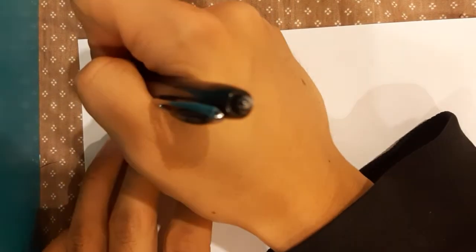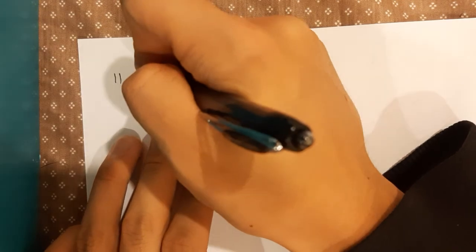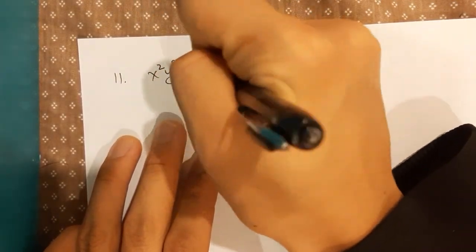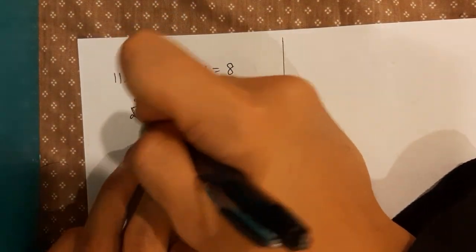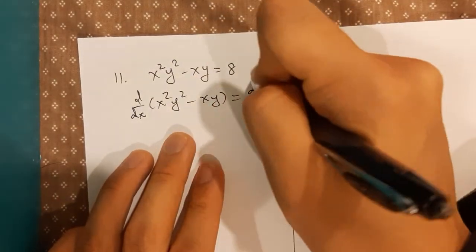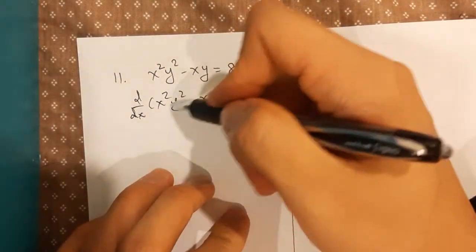So question 11. Find dy dx by implicit differentiation for the equation x squared y squared minus xy equals 8. So we need to get the derivative with respect to x, both sides. So here you got a product rule.